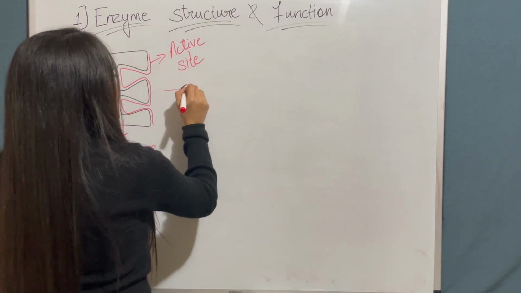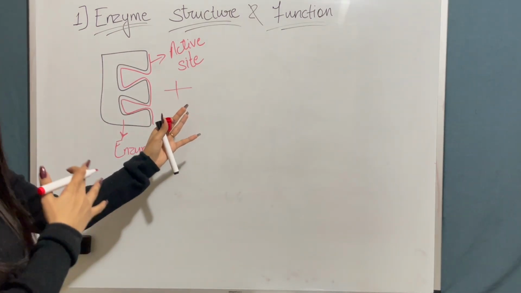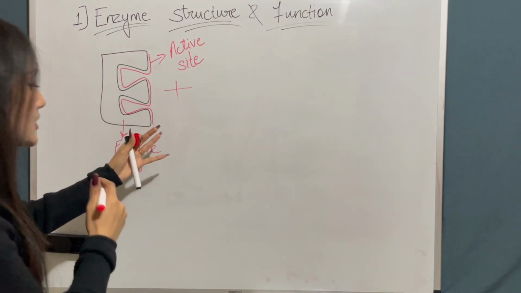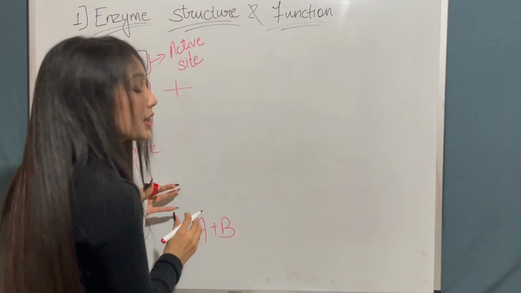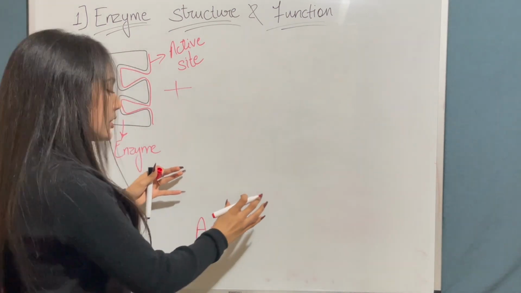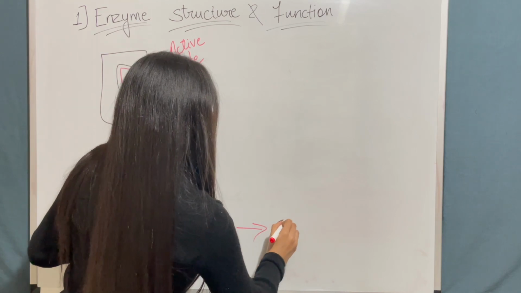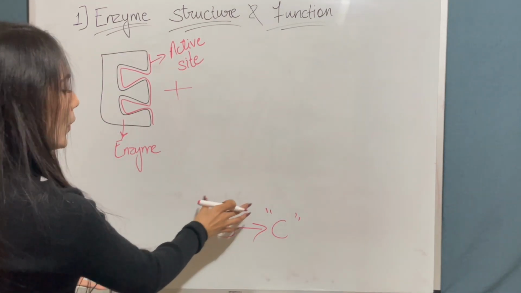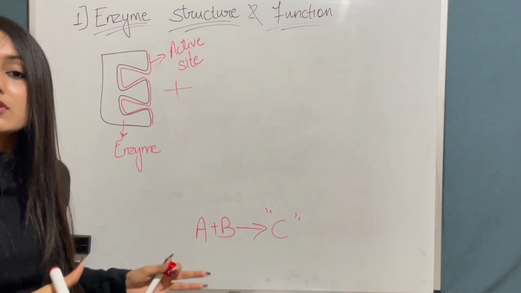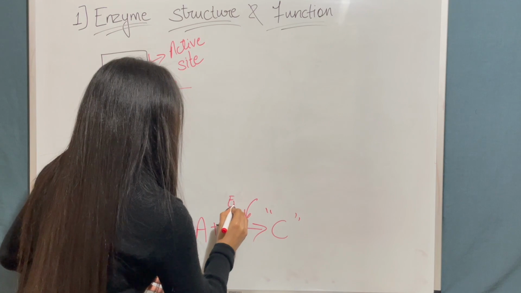Okay, so now we have taken the enzyme. Now what do we need to carry on the reaction? As we discussed earlier, A plus B. Reactant A or the substrate A plus reactant B or the substrate B gives the product C, when there is the presence of the enzyme. So we need an enzyme here.